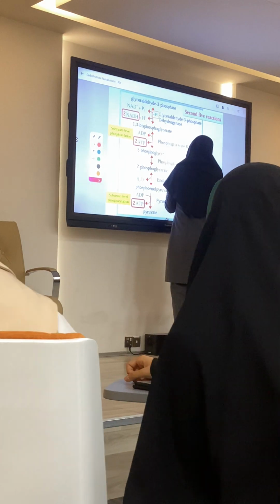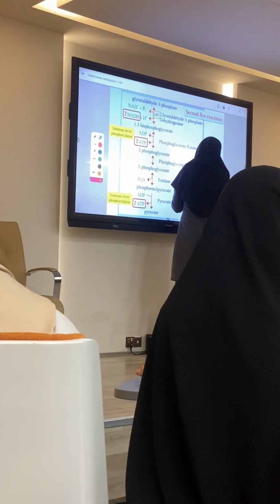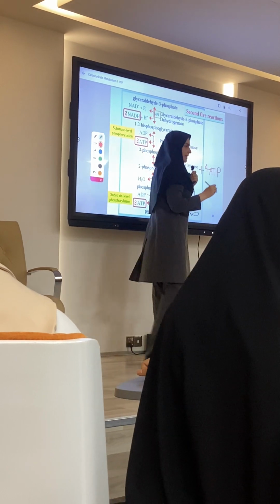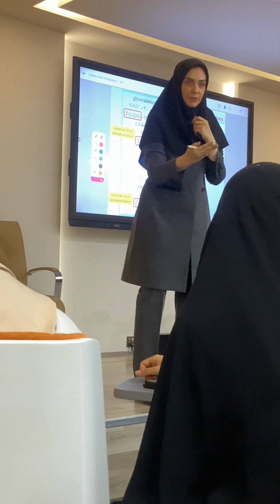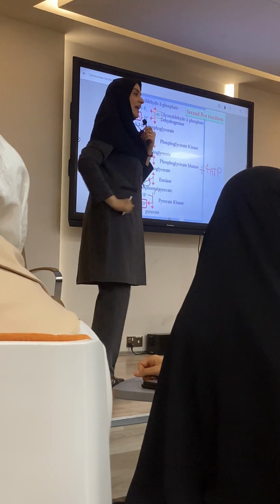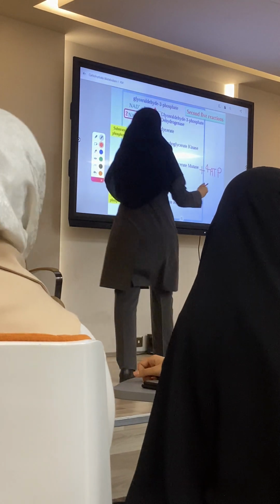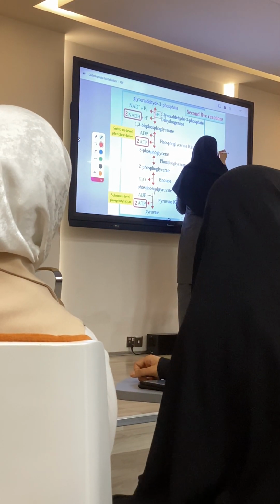Here we have 4 ATP produced. When I represent it by the positive, it means that it is produced. But in a previous slide, I showed how many ATP consumed? 2. So it means negative 2 ATP.